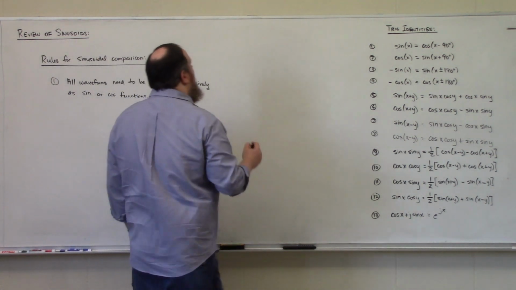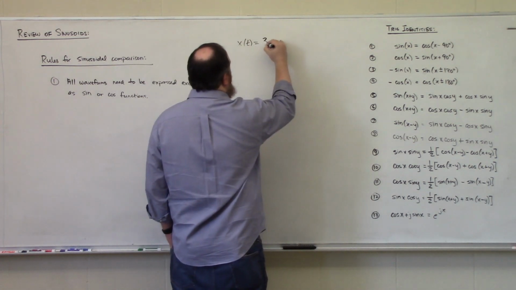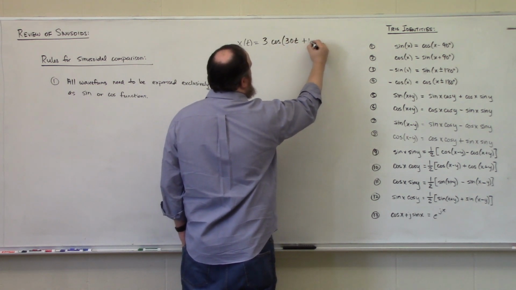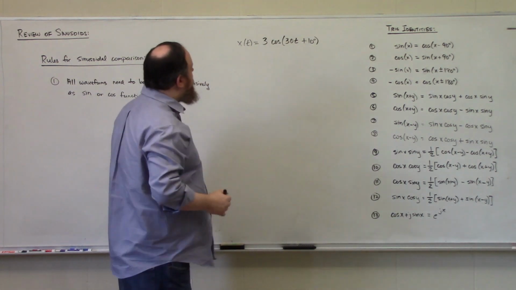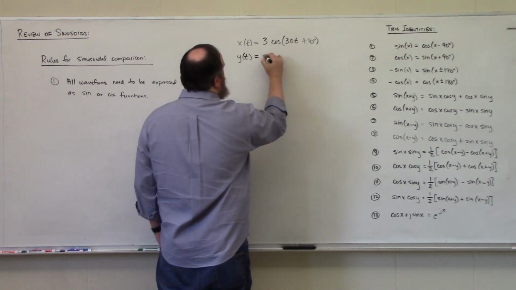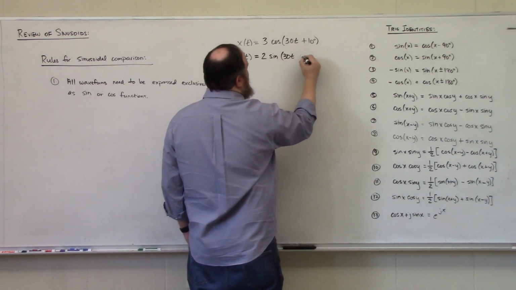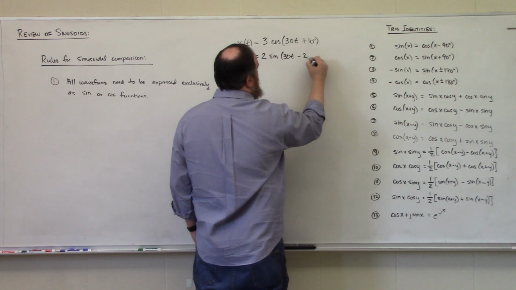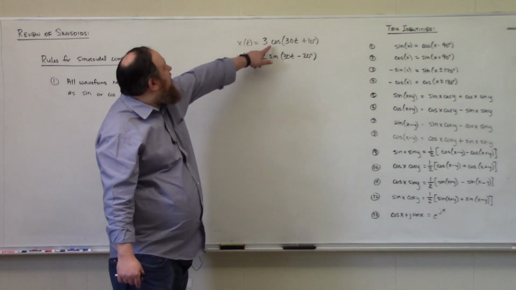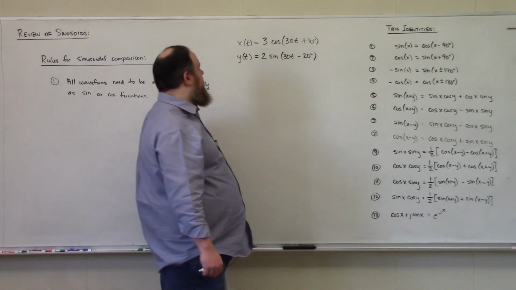So if I have a signal x of t is equal to 3 cosine 30t plus 10 degrees, and I have a signal y of t is equal to 2 sine 30t minus 20 degrees, I can't actually compare these two until I express x of t in terms of a sine function or y of t in terms of a cosine function.